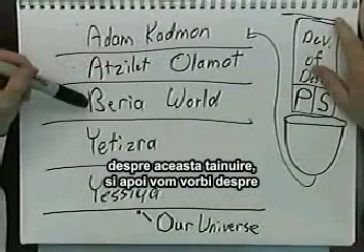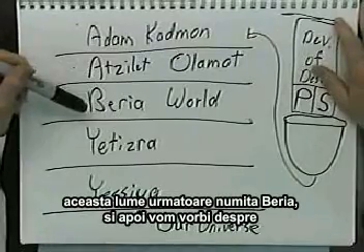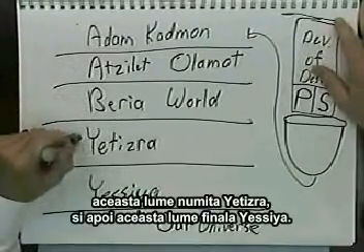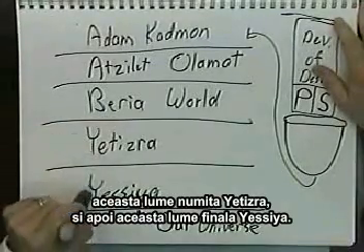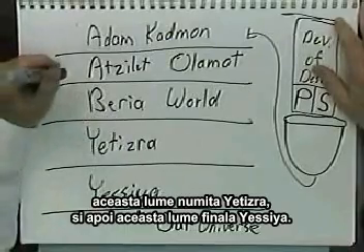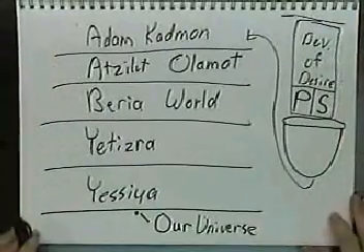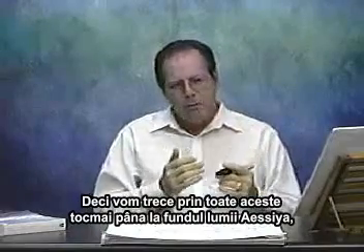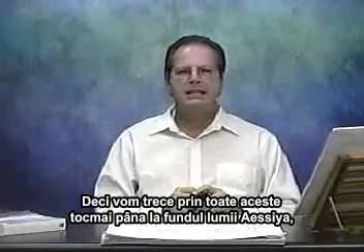And then we're going to talk about this next world called Bria. And then this next world, Yetzirah, and then this final world, Asiya. So we're going to get all the way down to the bottom of Asiya.